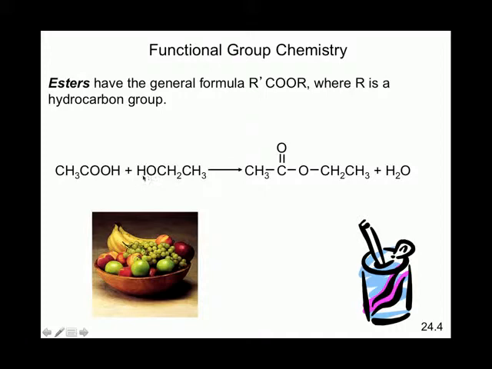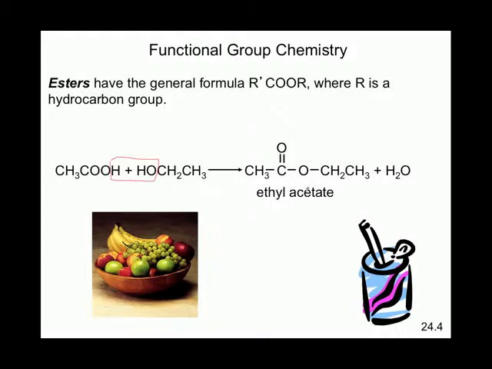Now I just wrote the formula this way so you can see how we can draw off the water. So here's the hydrogen from the acid combining with the OH from the alcohol, and we wind up making the ester. So the ester has two names, ethyl acetate, and you could actually say it's acting like a salt.